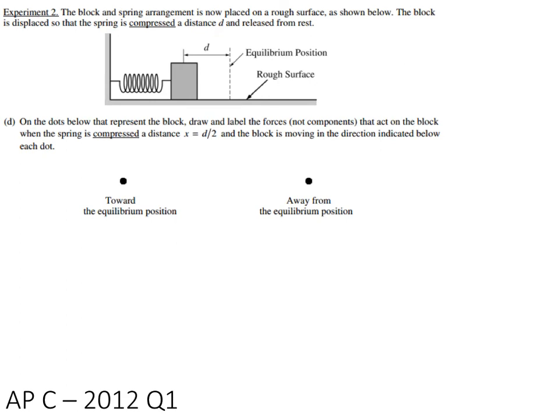Alright, now we have to do an FBD of the block when the spring's compressed and when the block is moving in the direction indicated, and it's got a rough surface.